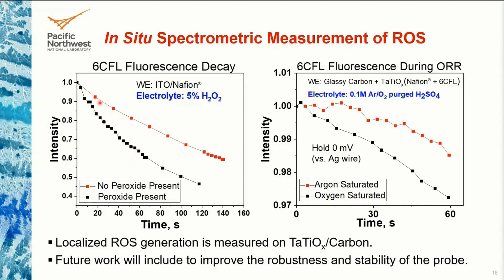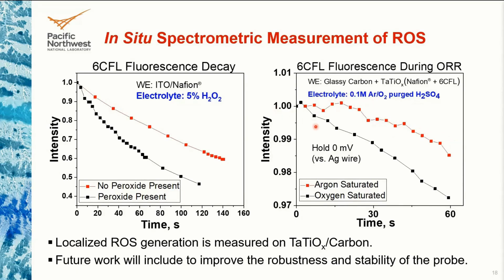And you can see that when you introduce the peroxide, there is an increase in the fluorescent decay, that is probably due to the generation of free radicals formed out of the hydrogen peroxide. In the presence of the catalyst, a similar trend happens, wherein when you have a catalyst layer but use argon saturated electrolyte instead of oxygen purged electrolyte, the fluorescent decay is minimum.